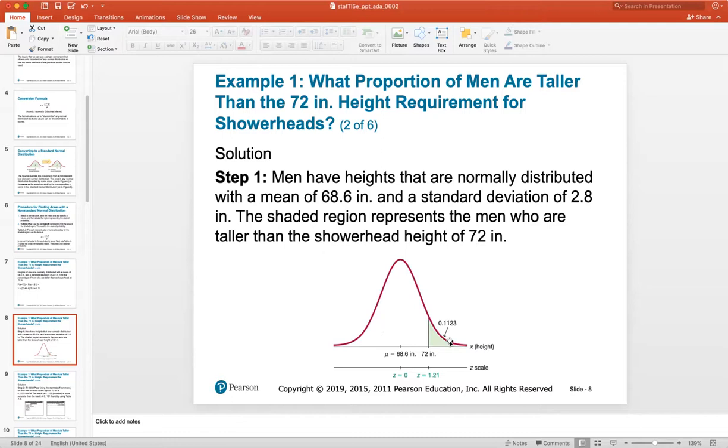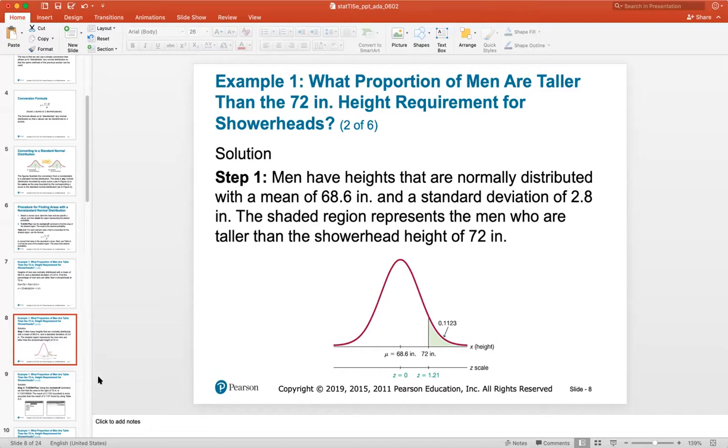Just to illustrate the probability, using the graph: this is the density curve of the normal distribution with mu 68.6, sigma 2.8, and 72 is right there. So the area is over here. The shaded region must be the probability we have to find.